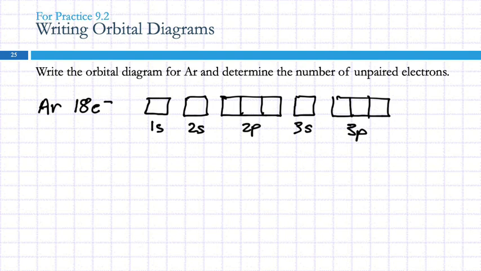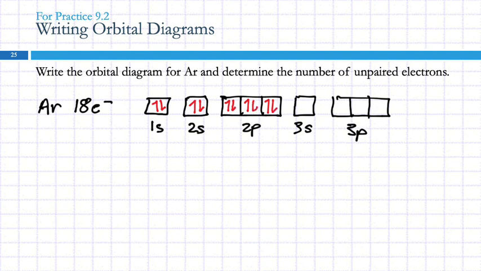So we need to put 18 electrons in here. So we're going to go 1, 2, 3, 4, 5, 6. This guy's going to take his own bed because it doesn't cost any extra and it's just a lot nicer. 6, 7. Now we've got to pair up because we're really, really cheap and we're not willing to spend the extra money to go up to the 3s room. 6, 7, 8, 9.